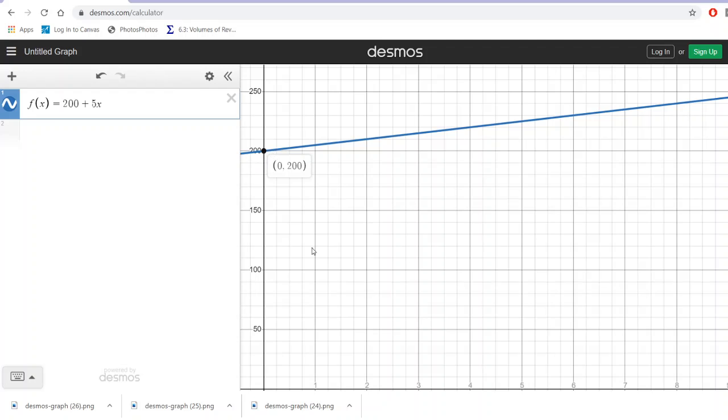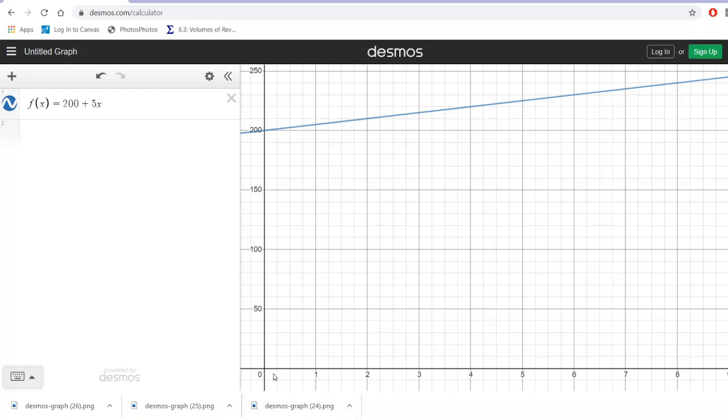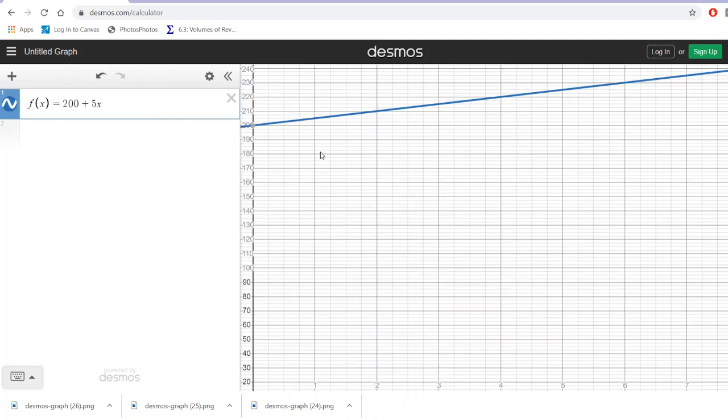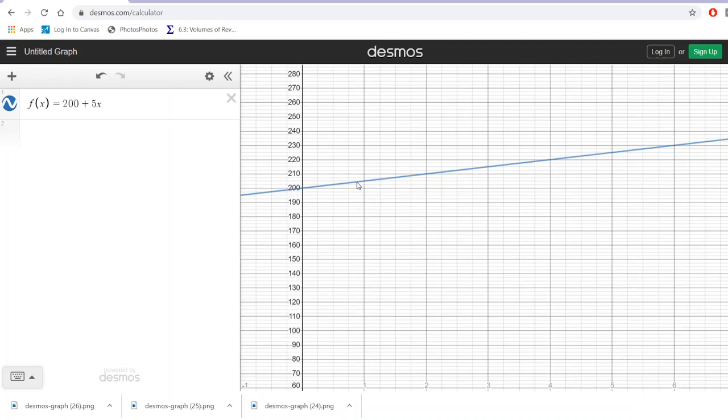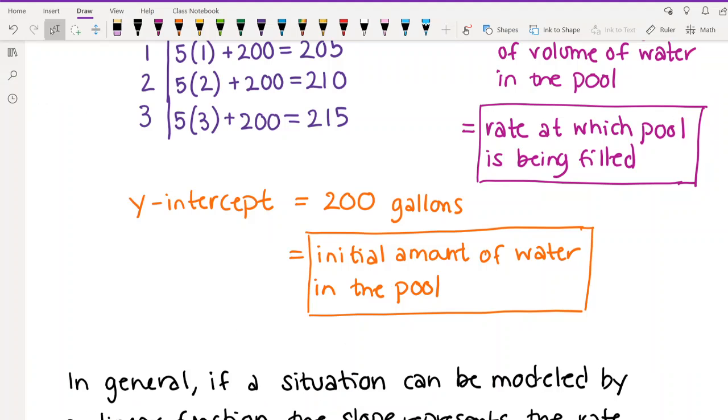As you increase the number of hours, the amount of water in the pool is increasing, and that's the reason the slope is positive. Specifically, after 1 hour we're at 205, after 2 hours we're at 210, and so on. So it keeps going up at that rate of 5.